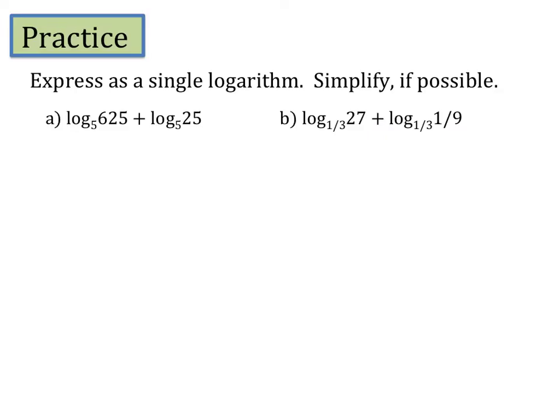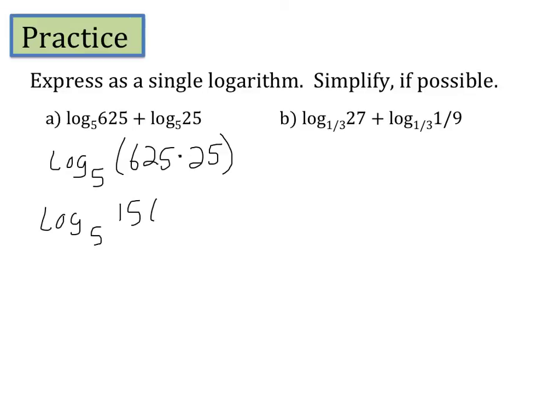Let's try a few practice problems out. For our first example, we have log base 5 of 625 plus log base 5 of 25. Both of these have a base of 5 and they're being added together, so we're good to use the product property. We combine the 625 and the 25, and I have log base 5 of 15,625.